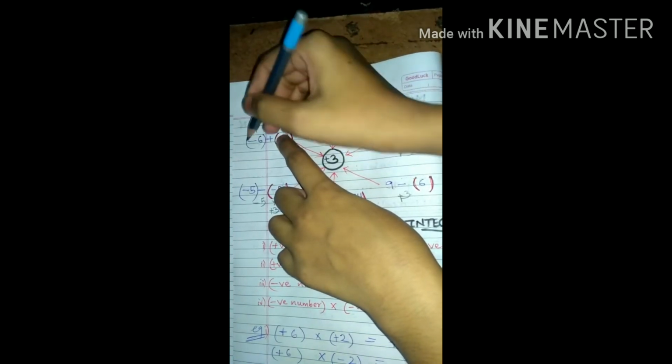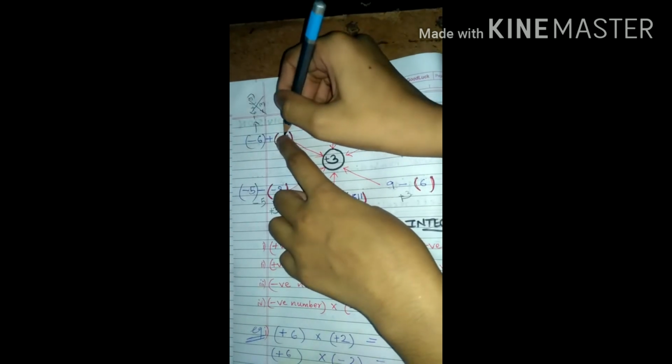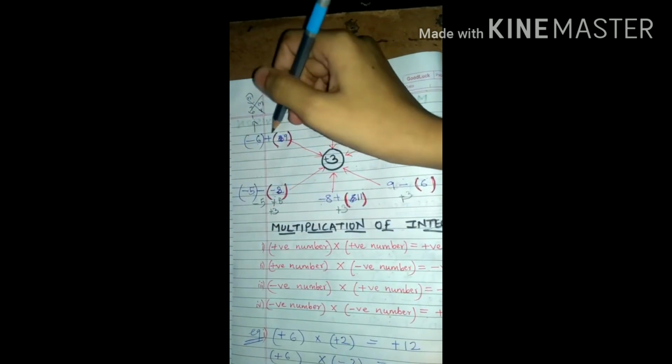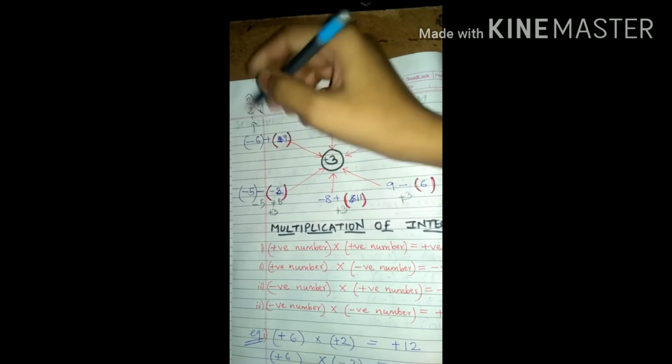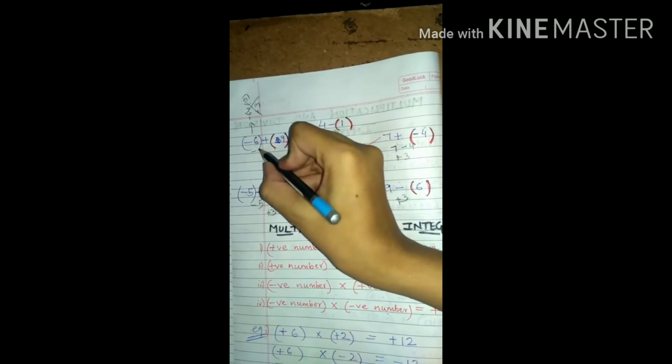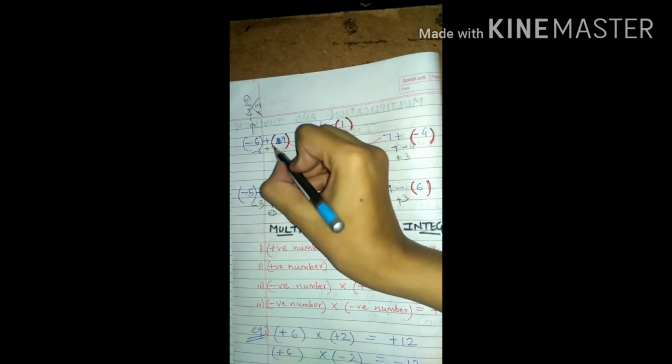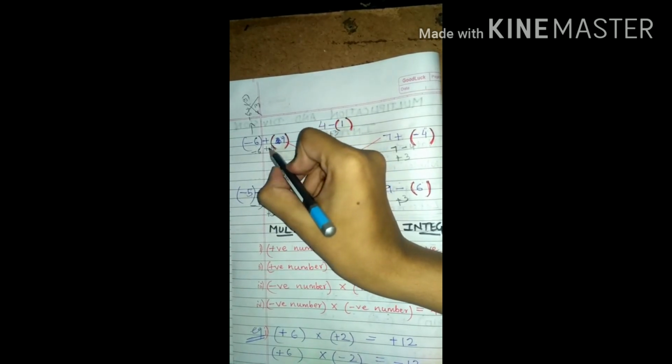Okay, now if I take 9, for example, we want a number bigger than 6 so that the subtraction should be 3. So 9 minus 6, you know that is 3, a positive number, so I have taken 9 here. So minus 6 plus 9, so minus plus is what?